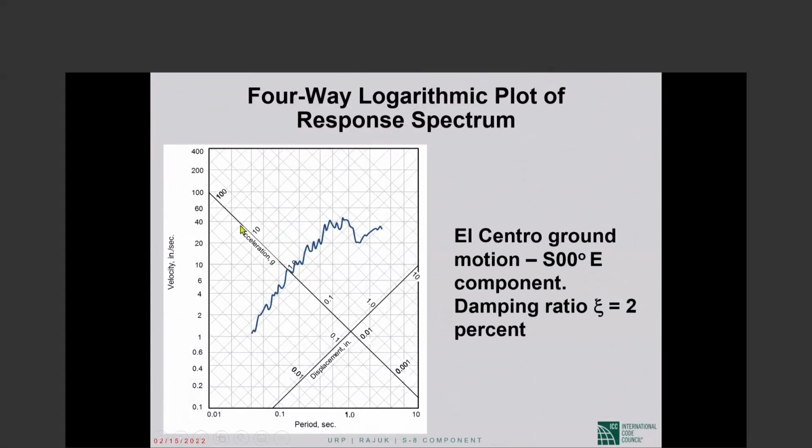And this other diagonal scale from right to left gives you the spectral accelerations. Okay, this is 10 units of spectral acceleration. This is 100 units of spectral acceleration, and so forth.